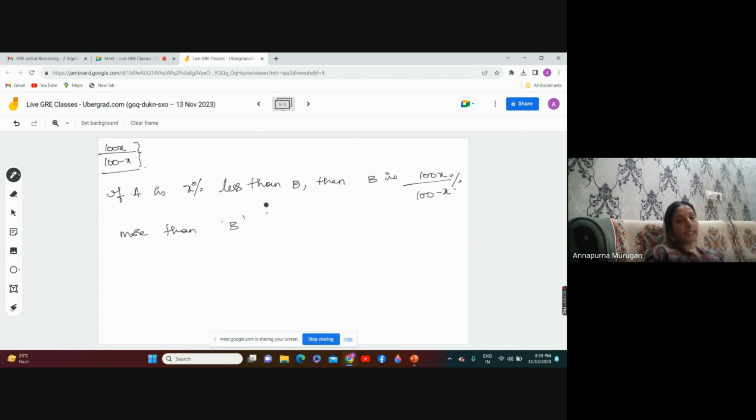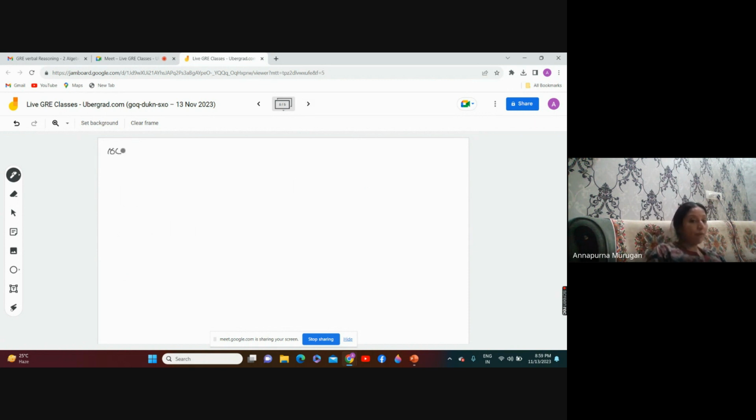So when we are dealing with lesser and more of quantity, remember these are crucial formulas. When you get these questions, you should not waste time calculating step by step. These are ready-made formulas that you can use.